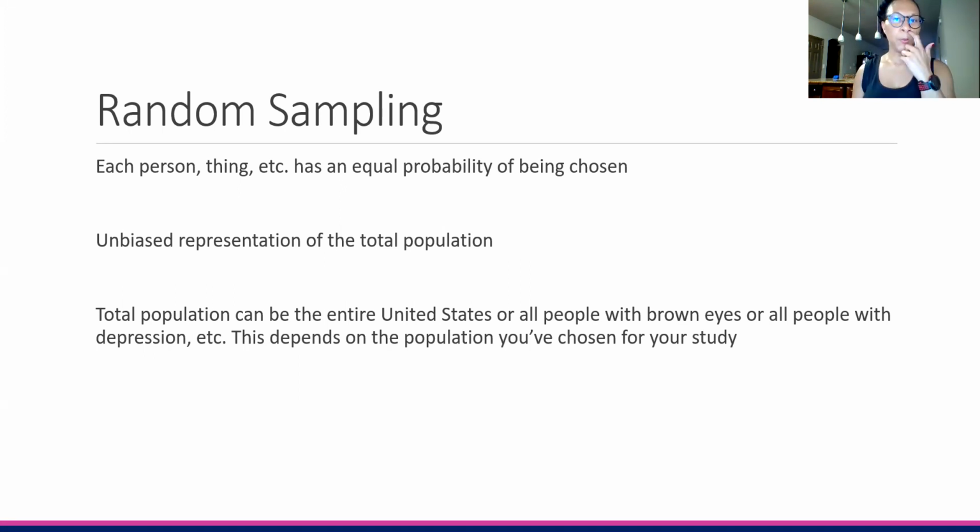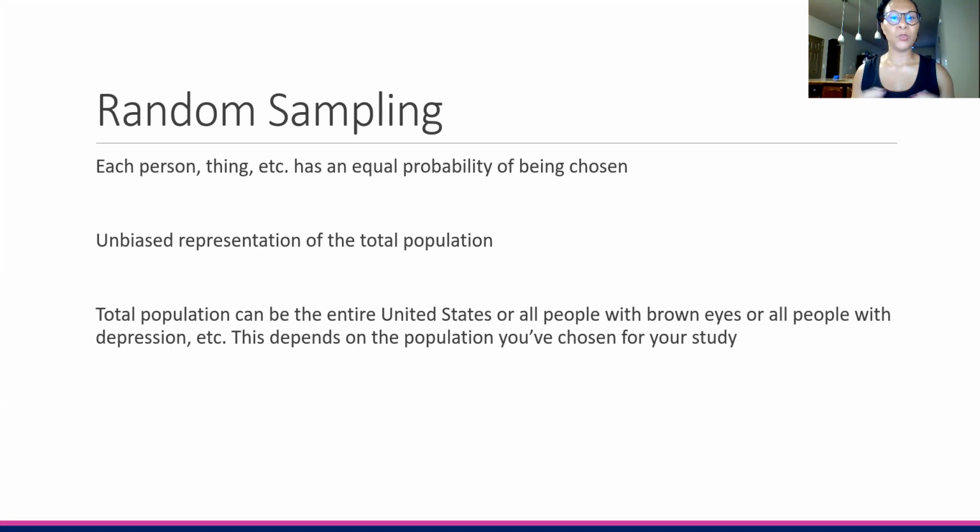So let's say that you are interested in knowing what everybody in the United States thinks about chocolate ice cream versus vanilla ice cream. So what you would do then is a random sample of every space, every place, every state, county, city within the United States. And this would be considered the entire population.